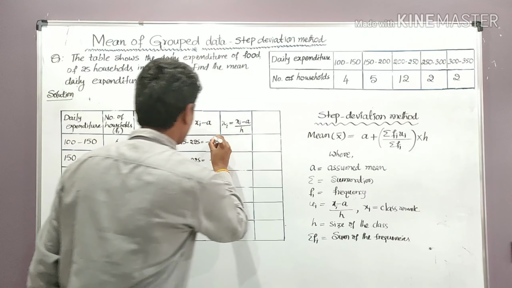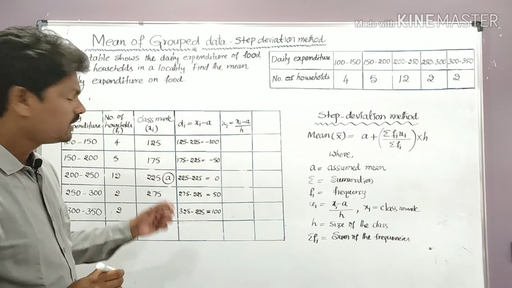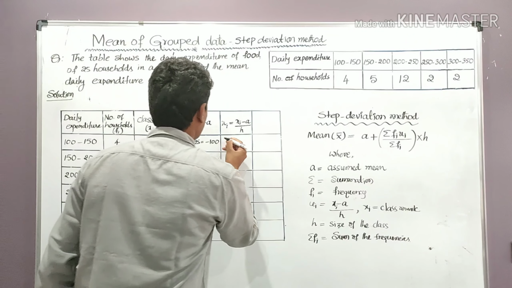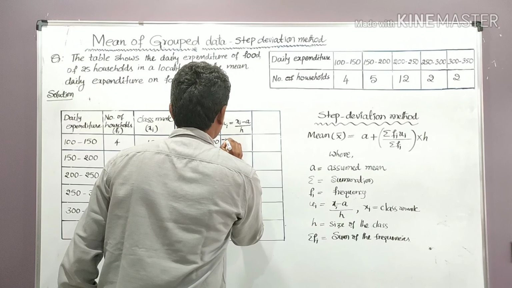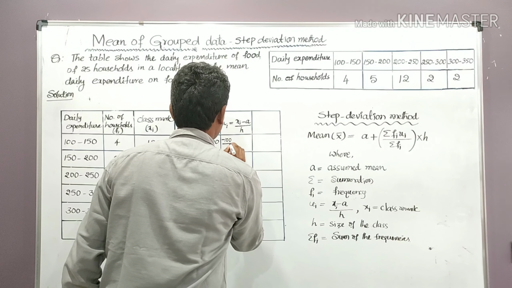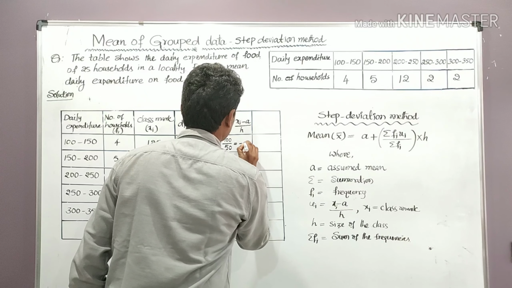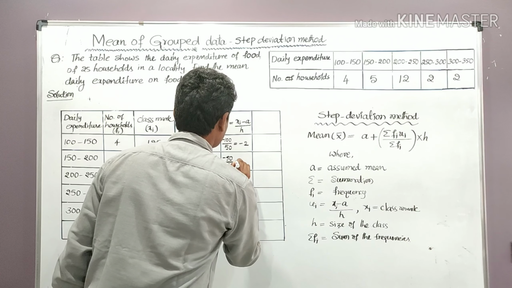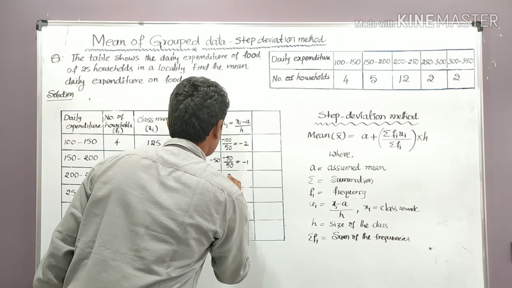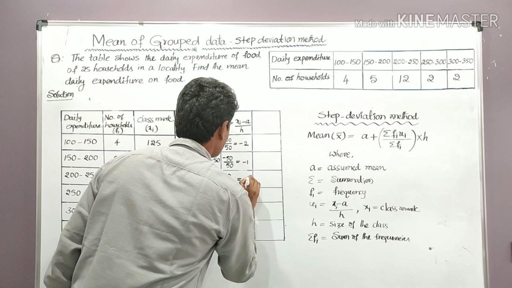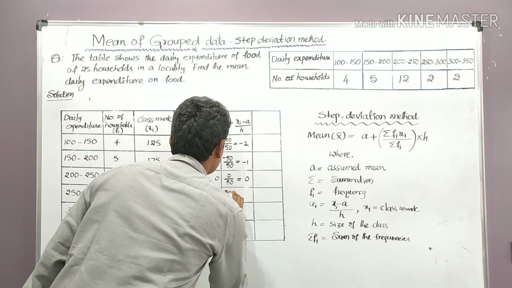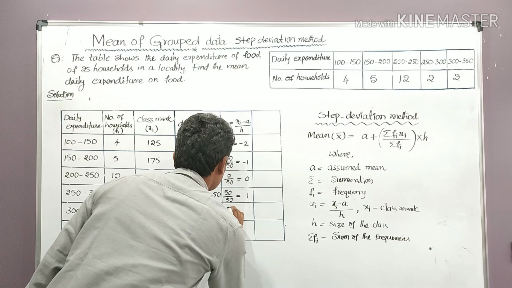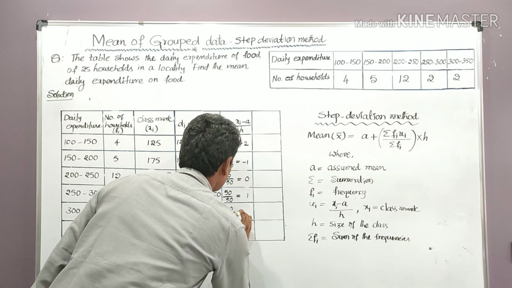So now we have to divide all these values by 50. Why? Because the difference of the class interval is 50, student. So we have to divide each value by 50. Minus 100 divided by 50 is equal to minus 2, minus 50 divided by 50 is equal to minus 1. 0 divided by 50 is equal to 0 again. 50 divided by 50 is equal to 1. 100 divided by 50 is equal to 2.